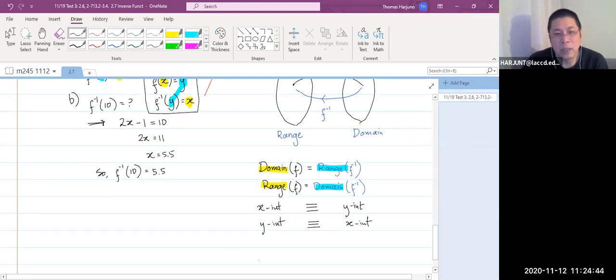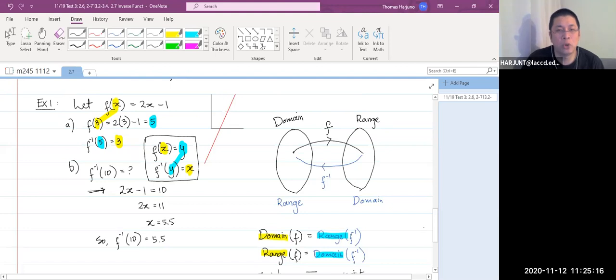You will see that to find the inverse, we swap x and y. That's what will happen. Your x becomes your y, and your y becomes your x. Your domain for the function now becomes the range of the inverse. The range of the function now becomes the domain of the inverse.